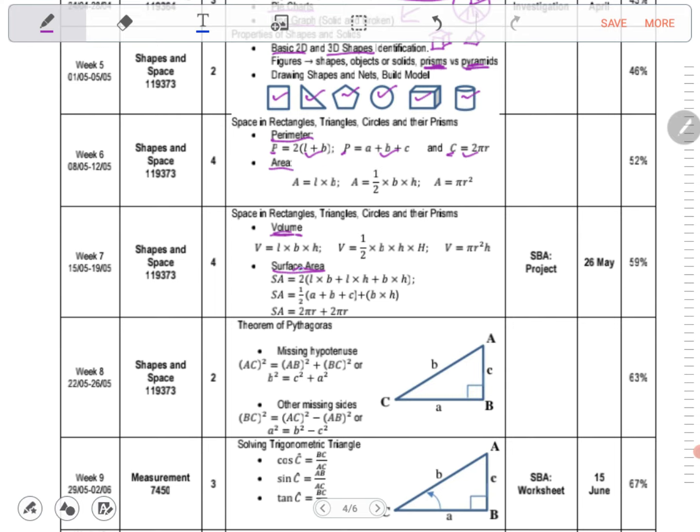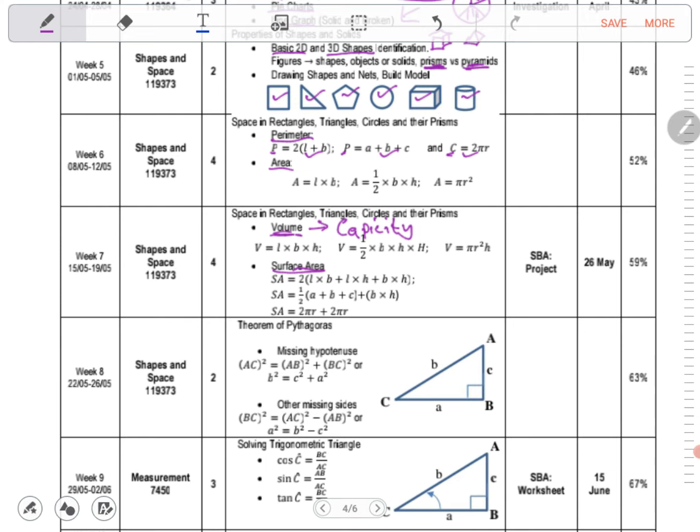In fact, volume is the space that is occupied by a three-dimensional object, and it can usually be interchanged with capacity, which simply means the space inside the container, while the surface area is the total area of all the faces of a three-dimensional object.